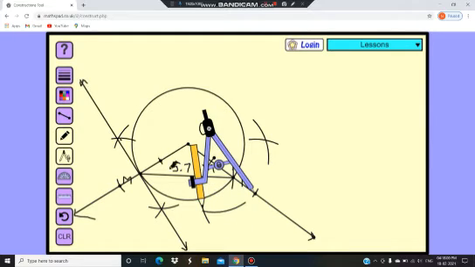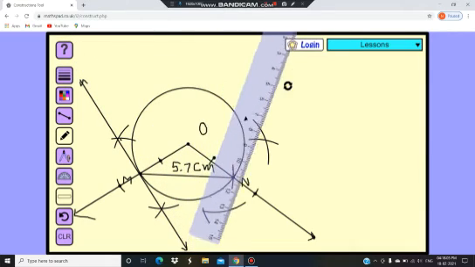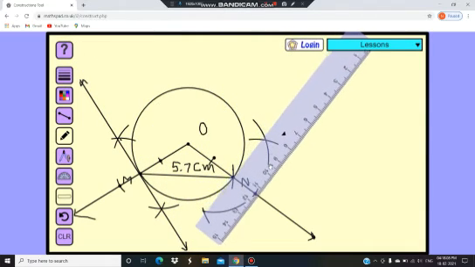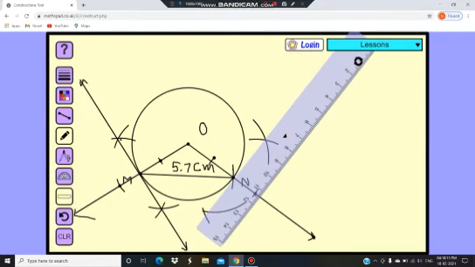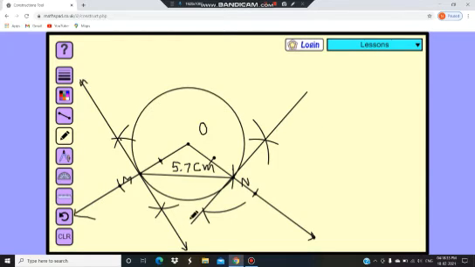Okay, so now with the scale we will draw a line passing through both these intersecting arcs as well as through the point N. So just on both sides show the arrow.